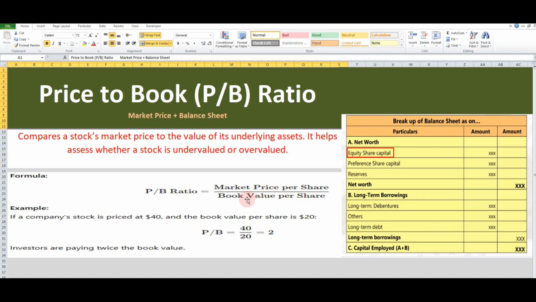If a company's stock is priced at 40 and the book value per share is 20, then price to book value is 40 divided by 20, which equals 2. Investors are paying twice the book value.